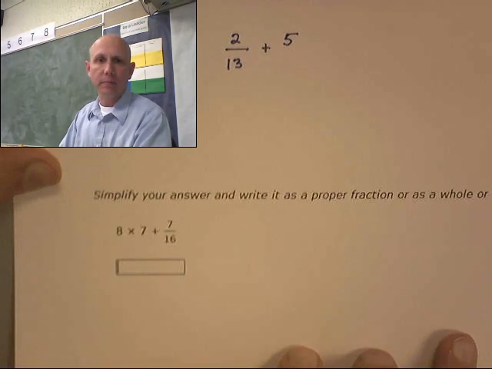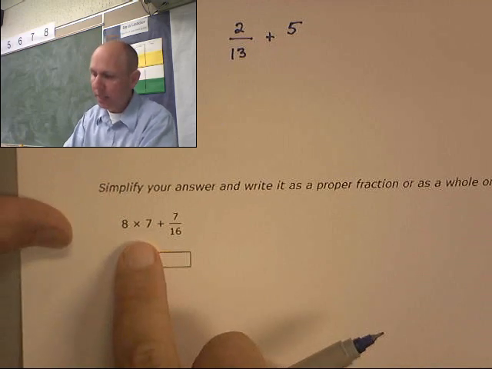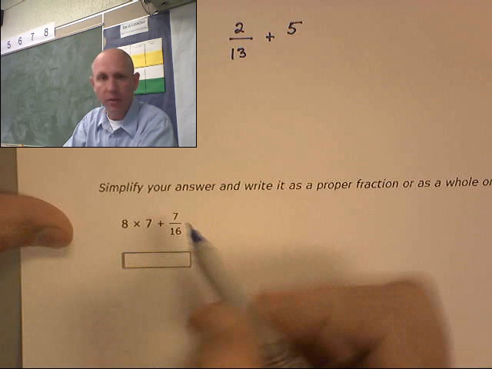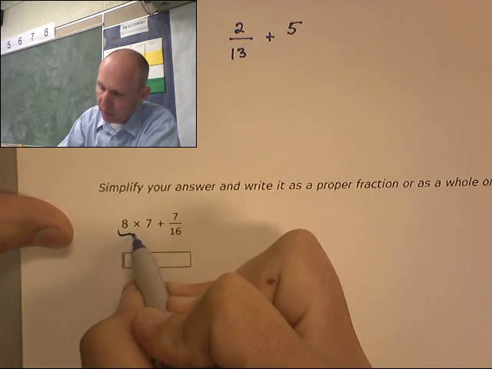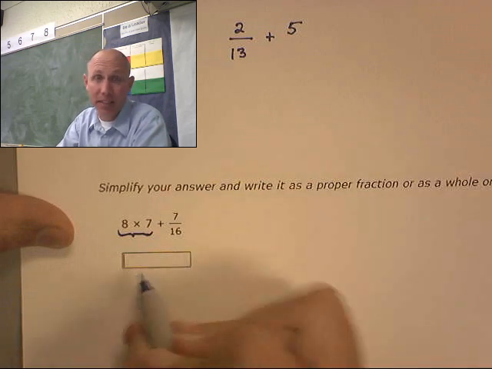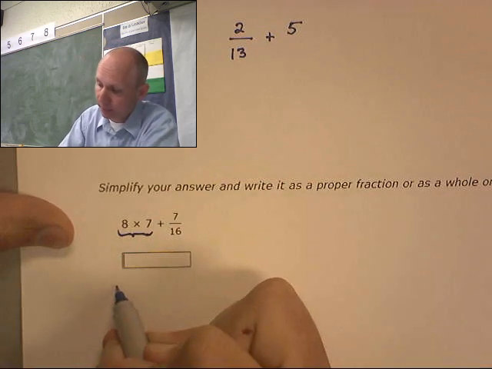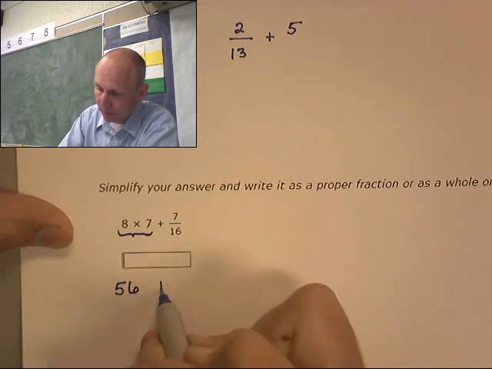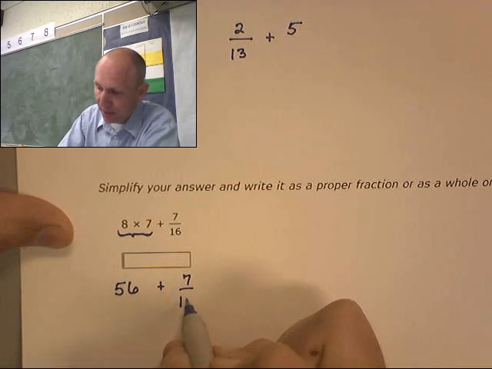Let's look at another one. I have 8 times 7 plus 7/16. Well, what should I do first, the multiplication or the addition? The multiplication. So I need to know what 8 times 7 is. That's 56. Plus 7/16.